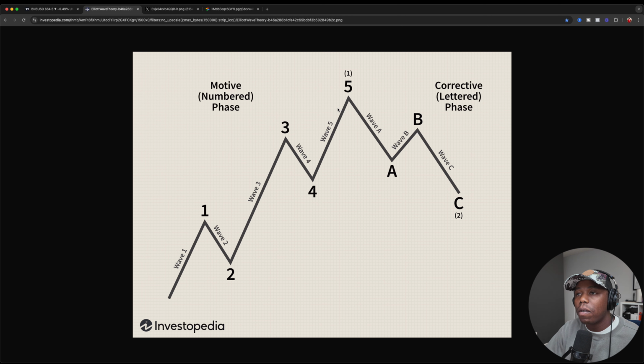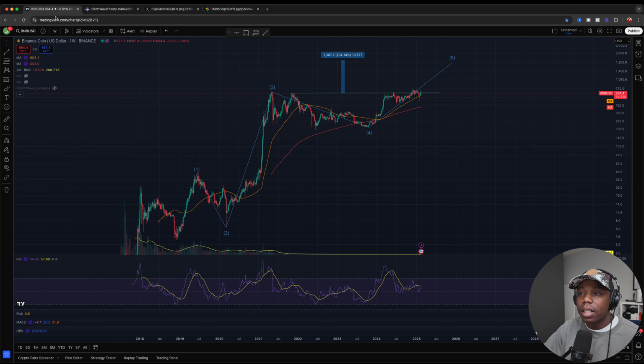I don't really have time to go fully into how to analyze with Elliott wave, but essentially the idea behind Elliott wave is that the price of markets move in waves. They don't just go up all the time, and they don't just go down all the time. They move in waves. They go up, they come down, they move up, and they go down.